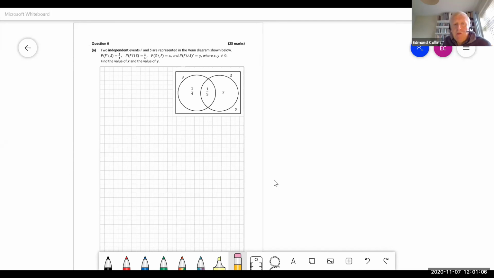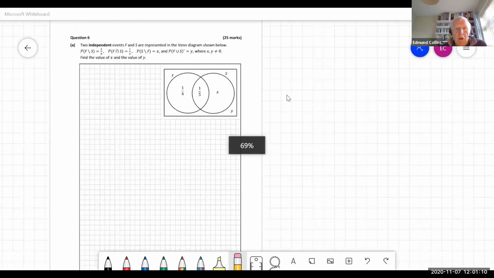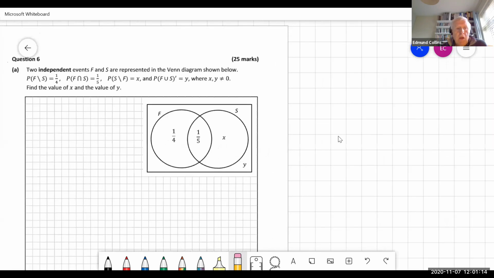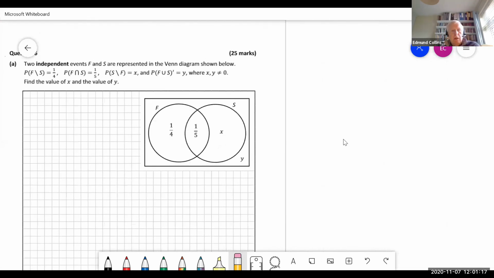Okay, so this should look familiar from what we've looked at before. Just enlarge it there. So the first good news here is that we're talking about independent events. So two independent events, F and S, are represented in the Venn diagram shown below.